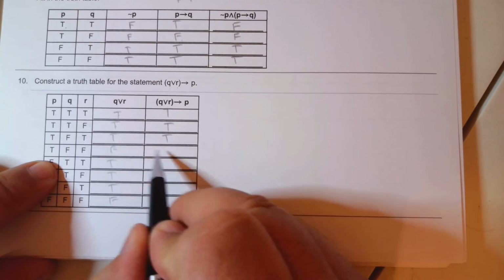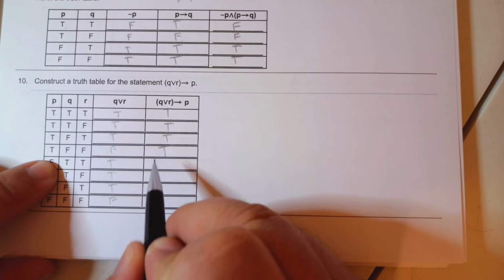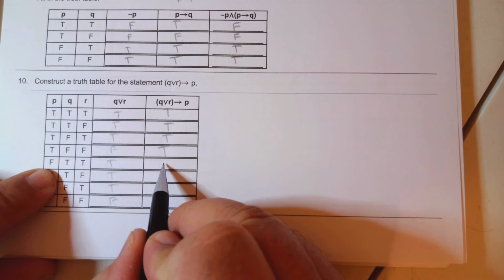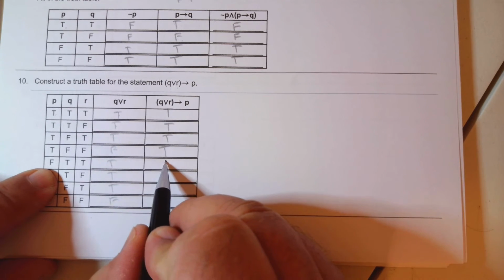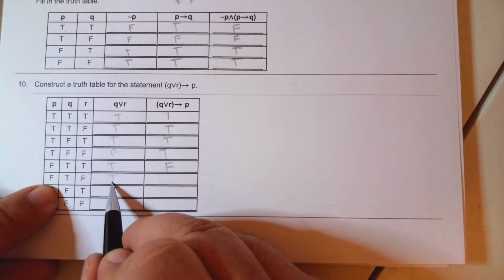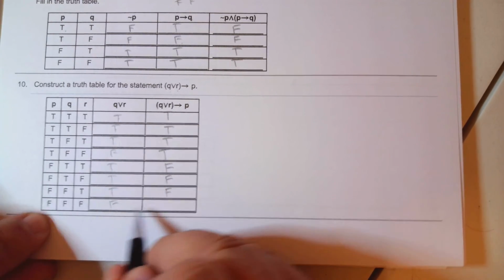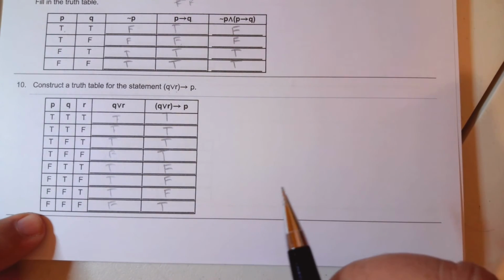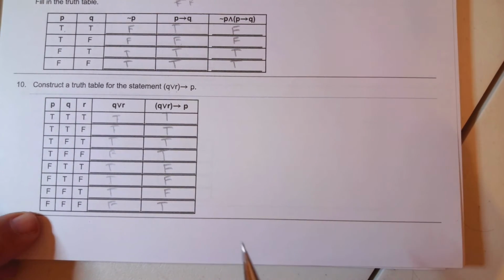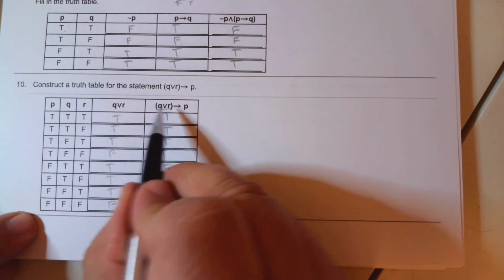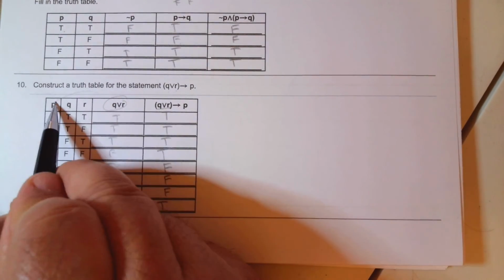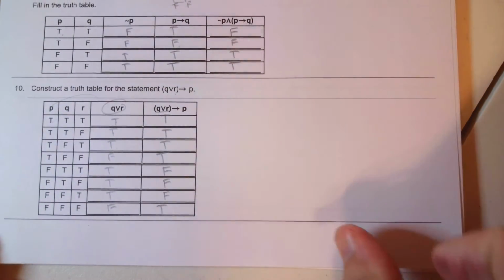False and true is true. True and false is false. False and false is true. Remember, you have to start with this one. You have to go from here to that one.